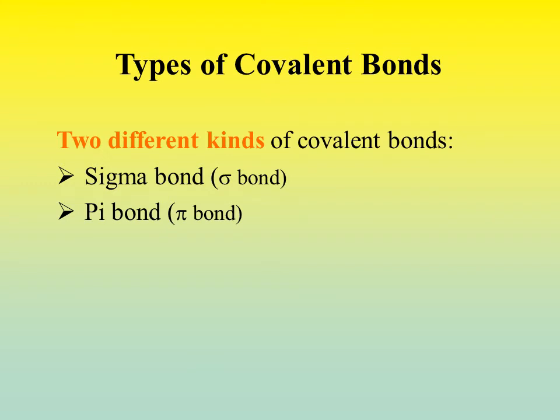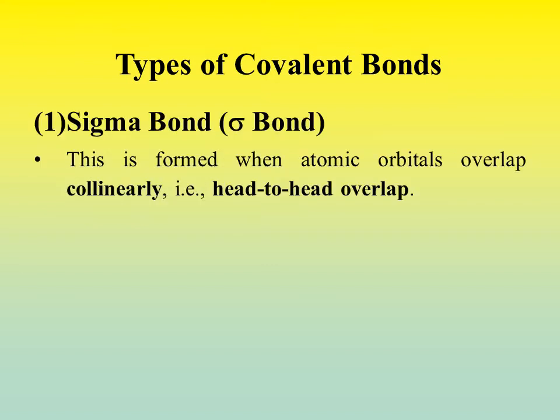There are two different kinds of covalent bonds, and these are linked to how the orbitals are overlapping. In the first case, we have the sigma bond, and in the second, we have the pi bond. Let us first look at the sigma bond.